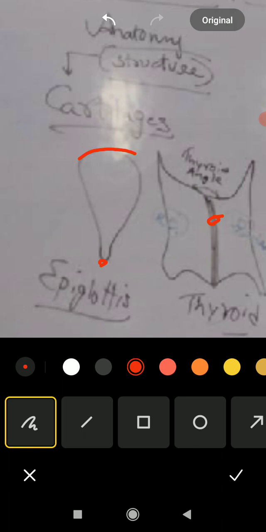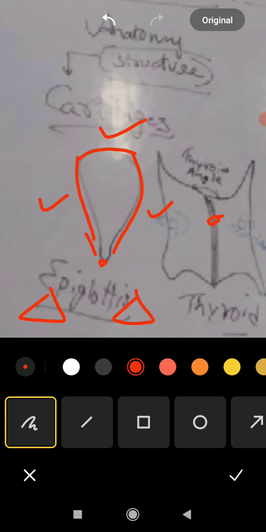There are two lateral borders, the right and the left, which are attached to the aryepiglottic fold. The upper border is free. The lower border is attached to the thyroid cartilage by the thyroepiglottic ligament. The two lateral borders are attached to arytenoid cartilages by the aryepiglottic fold of mucous membrane.